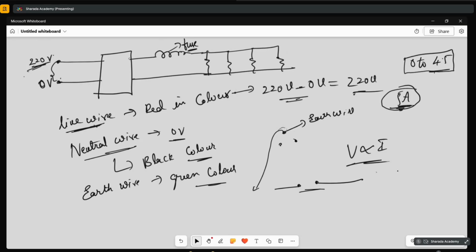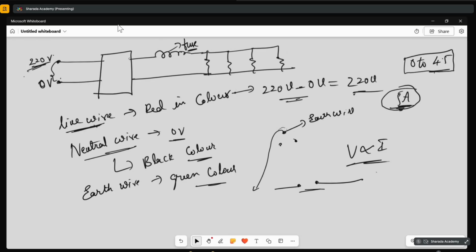Wherever it is the 5 amps circuit, we connect electronic devices like computer, TV, and all lamps, which take less current, less than 5 amps actually. So there we use the fuse of 5 amps. If the current is more than 5 amps, the fuse will blow and save the electronic devices.